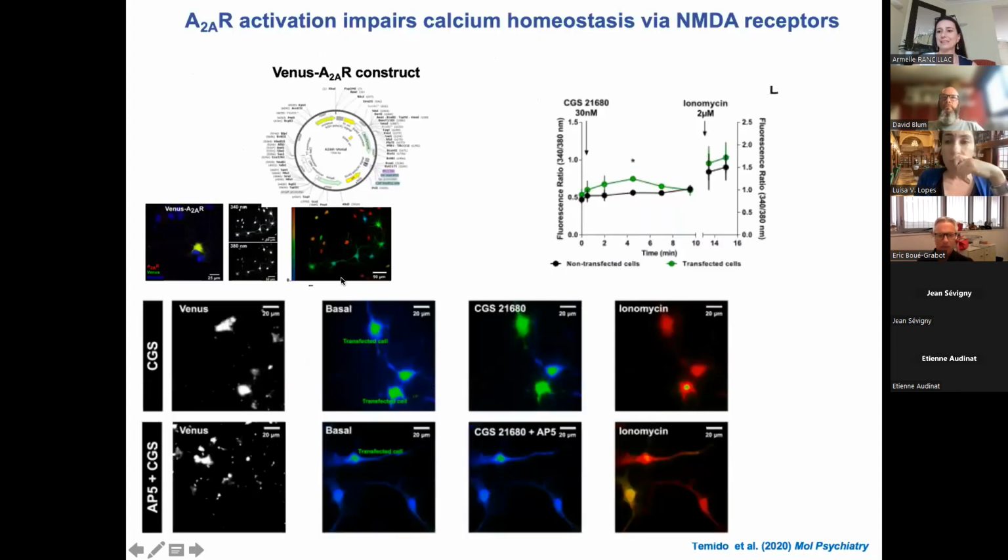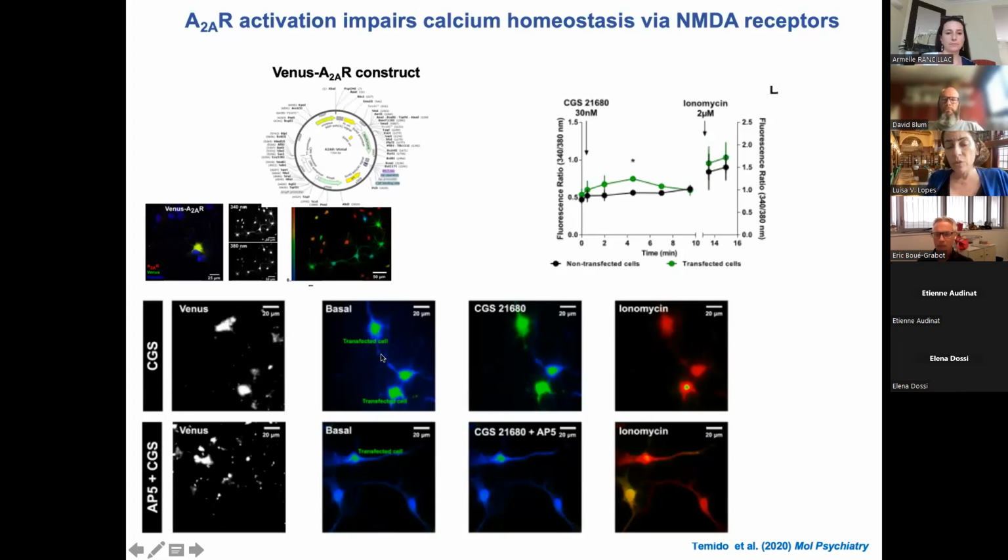To try to understand what is happening here, we transfected neuronal cultures with an A2A construct that links to Venus. So you'll see Venus signal whenever you have transfected cells. You see two cells here that are transfected and are green, and this is the calcium signal.